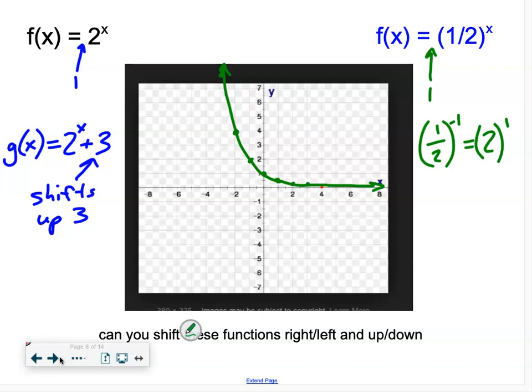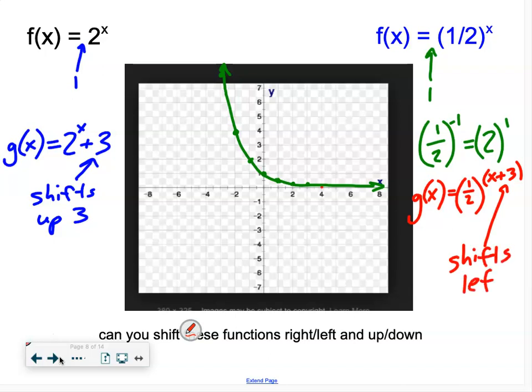And then say we wanted to shift this, how about 3 to the left? So let's call our new function g, and let's say it's 1/2 to the x plus 3. So then that shifts left 3. So we end up with a graph.